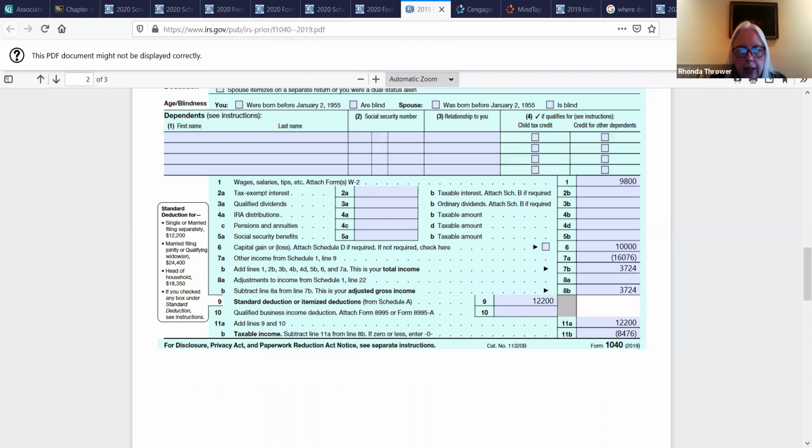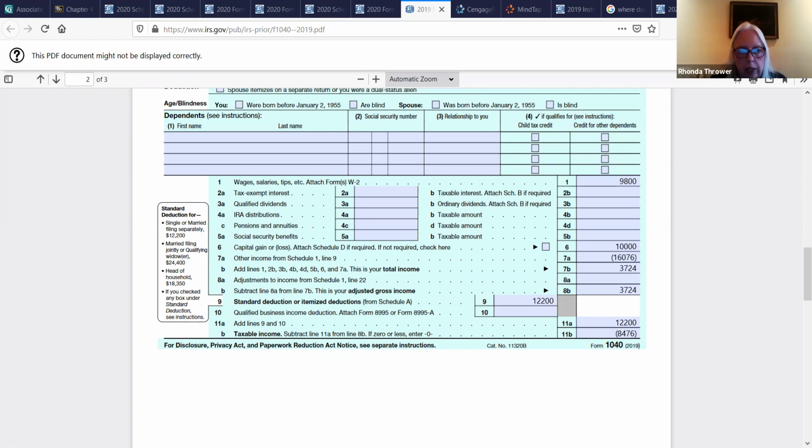And then in line 9, we're going to multiply line 8 by 50%. And you're not to enter more than 25,000. Well, if you multiplied this by 50%, it would give you 60,100. So we're going to have to put in the 25 amount that we're limited to here, 25,000.